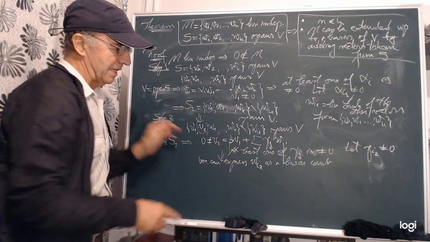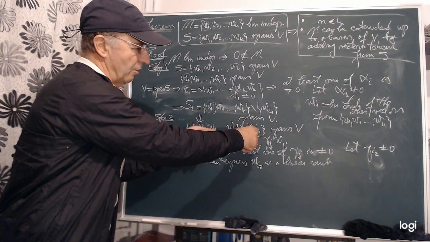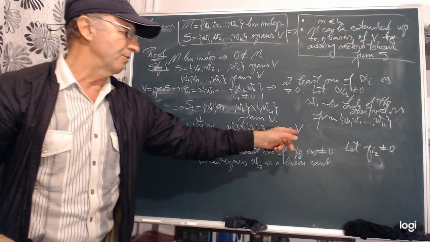So if we eliminate such a vector from this system, we get also a spanning set for V.